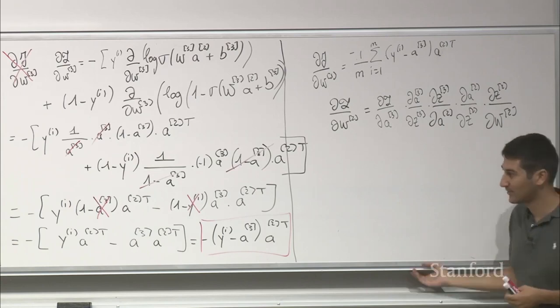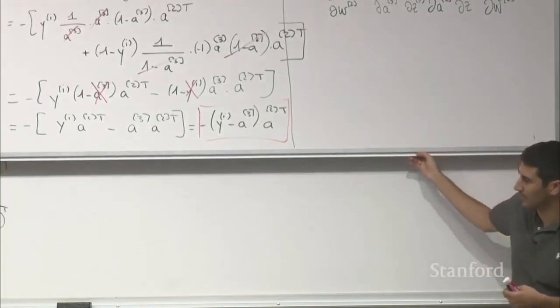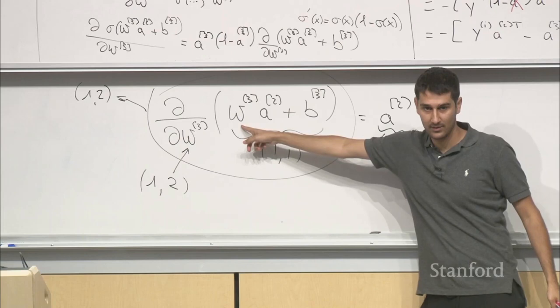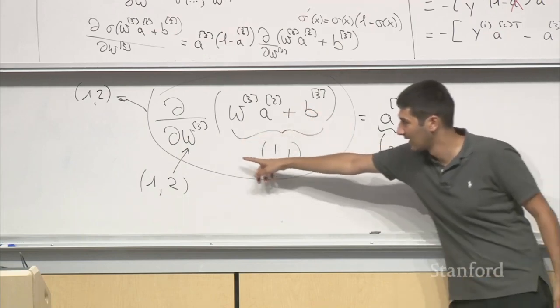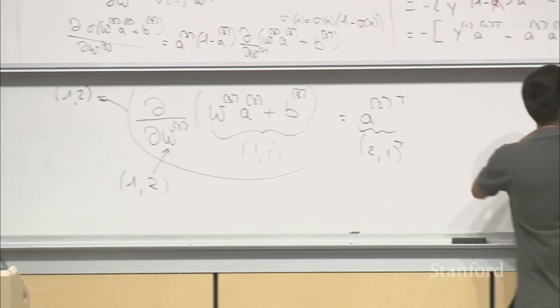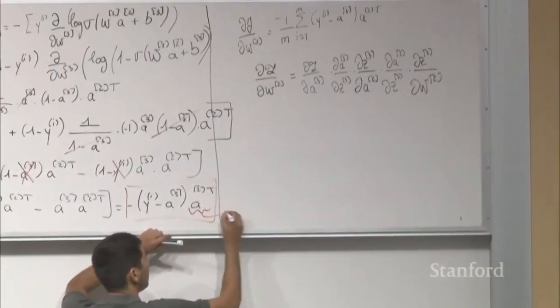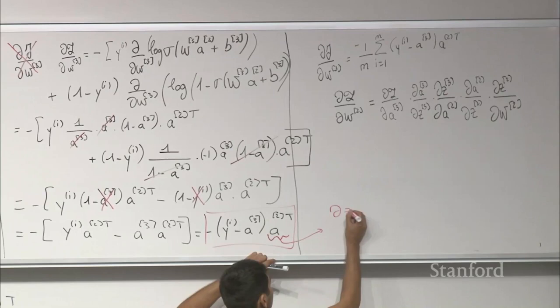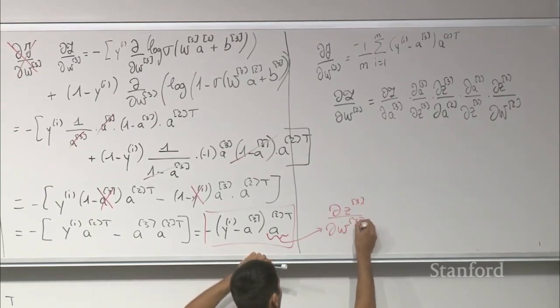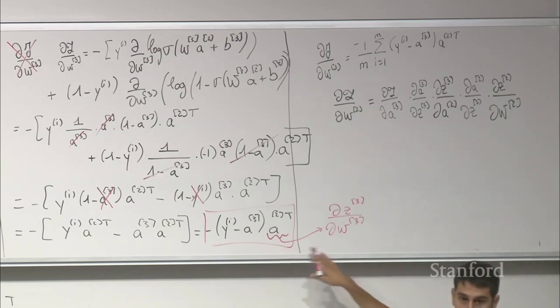One thing we know, based on what we've written very big on this board, is that the derivative of Z3, because this is Z3, right? The derivative of Z3 with respect to W3 is A2 transpose, right? So I could write here that this thing is the derivative of Z3 with respect to W3. Is it correct?